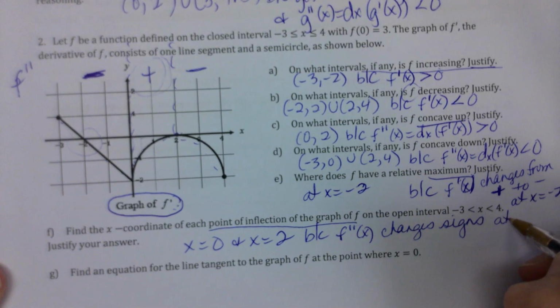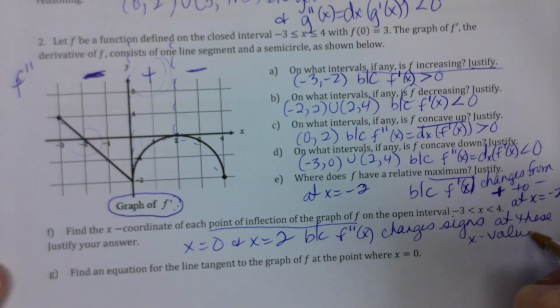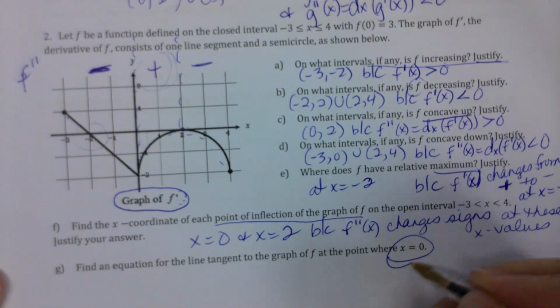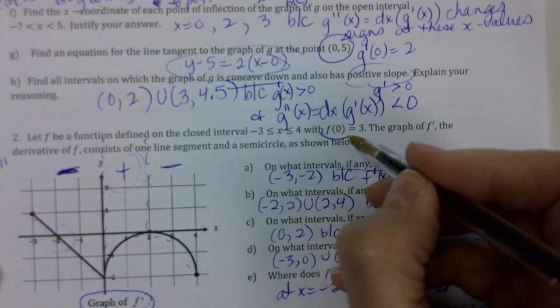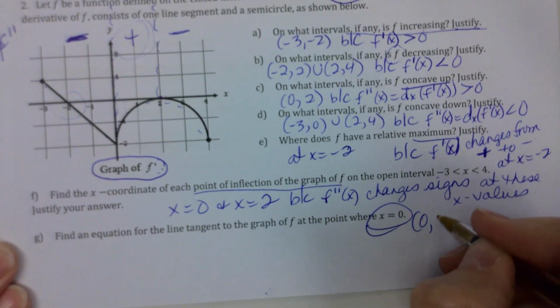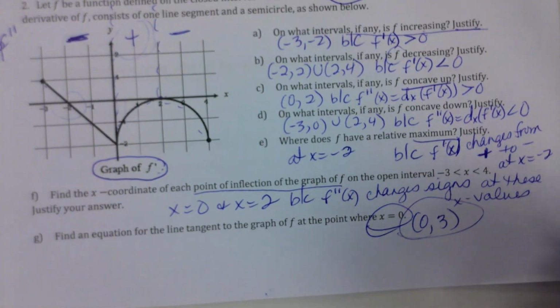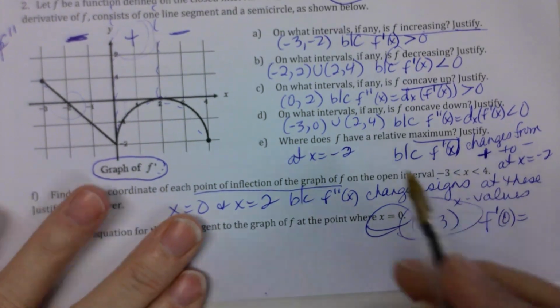At these x values. Equation of a tangent line. At the very beginning, they said f of 0 is given, so we've got a point. We need the slope, which is f prime of the x value.